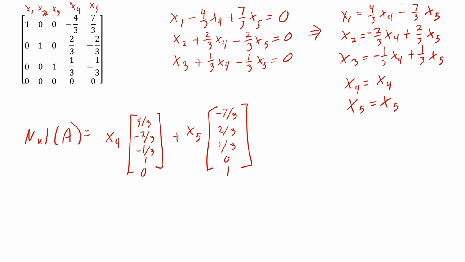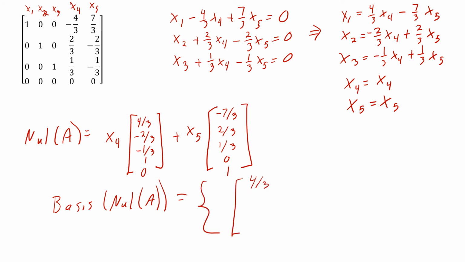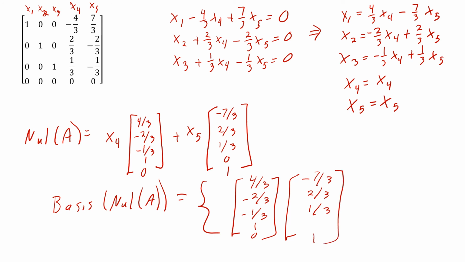That's the expression for our null space. So that gives us our basis for the null space. The basis is the two vectors that we have in these equations. And there is the basis for our null space.